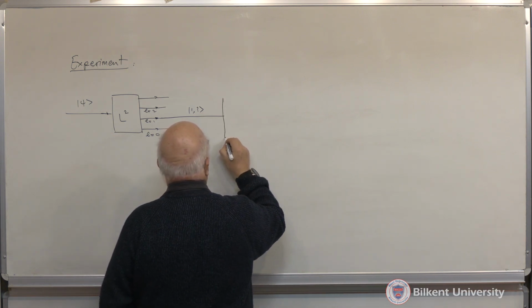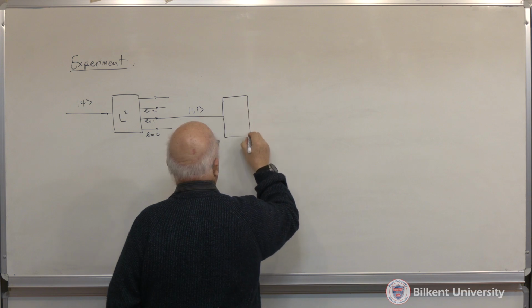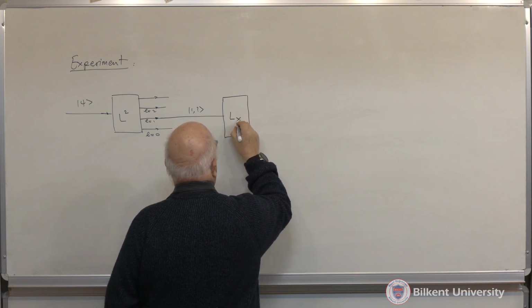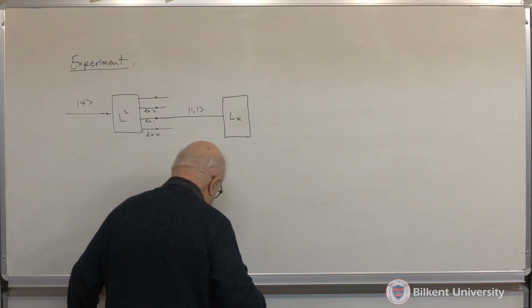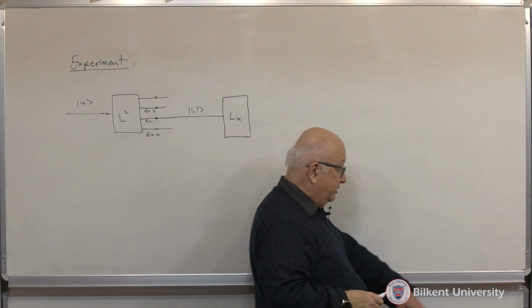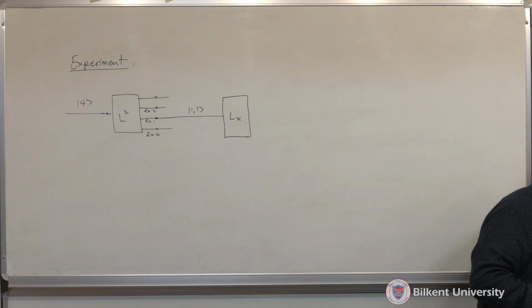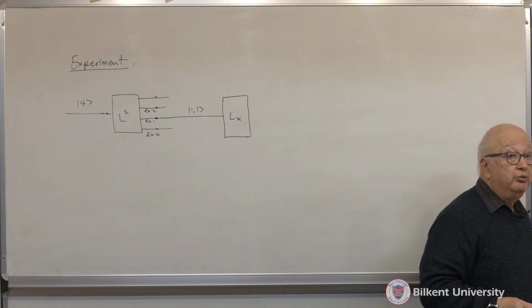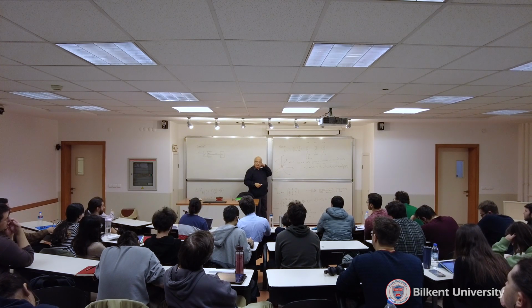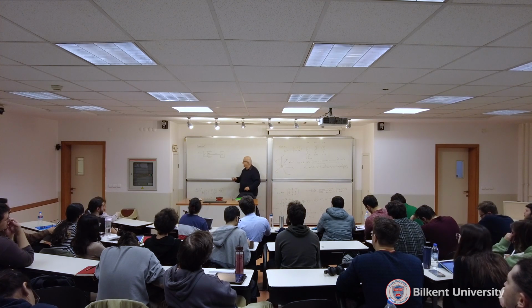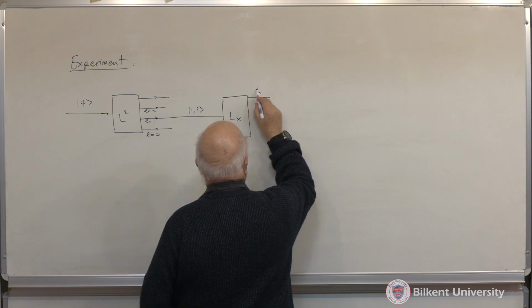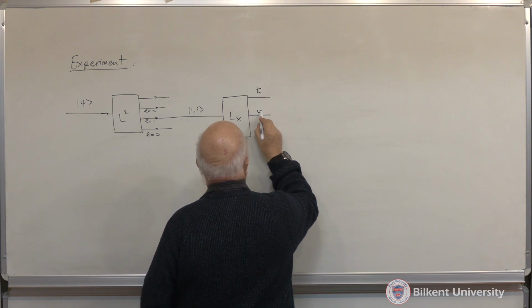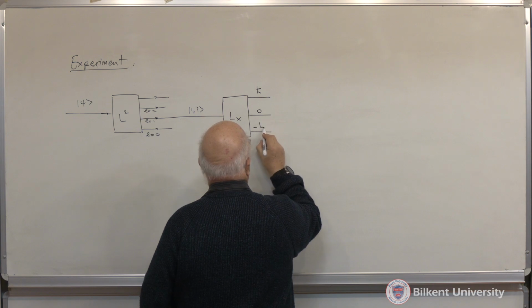So here's my measurement for measuring Lx. So I'm now measuring the x component of the angular momentum. What are the possibilities? Well, the possibilities are the eigenvalues of the Lx operator. Eigenvalues of the Lx operator are h bar, 0, or minus h bar.